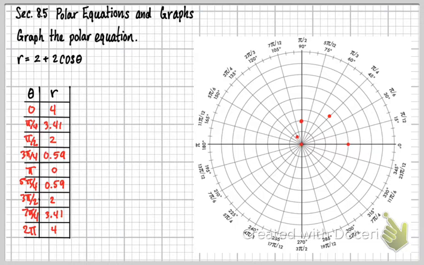Then at 5 pi fourths, which is here, it's going to be that 0.59 again. The next one is at 3 pi halves, which is here, and that's going to be 2.